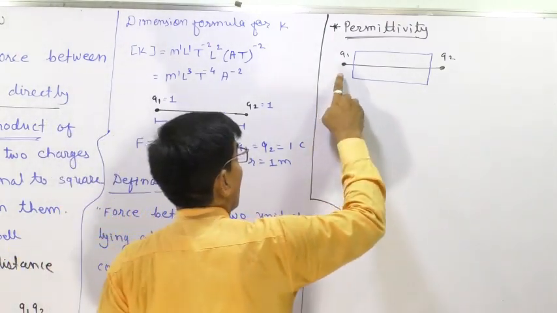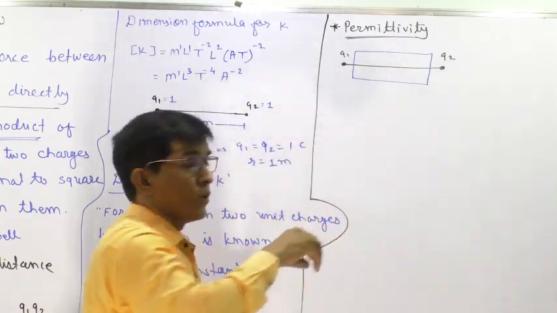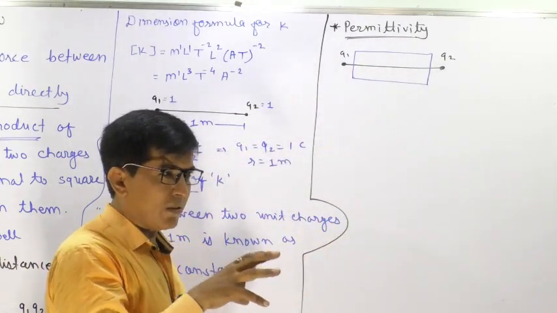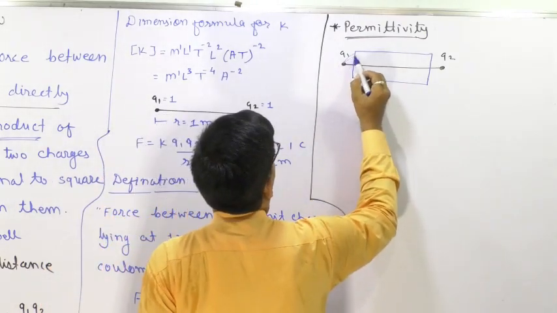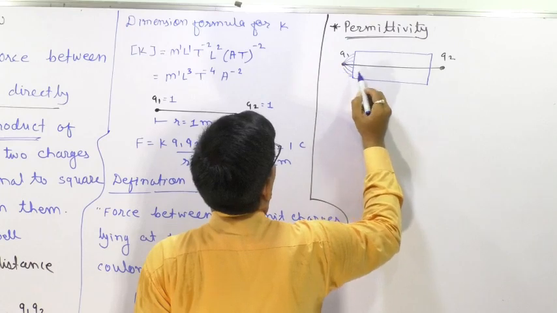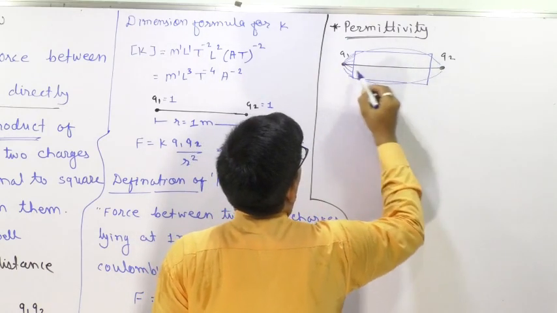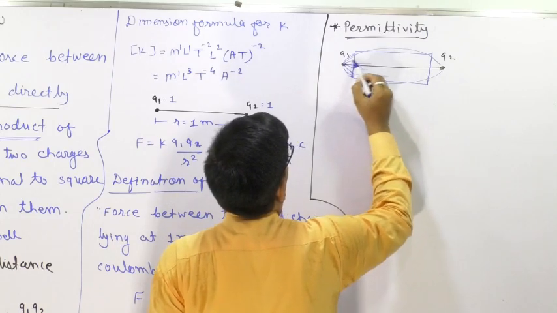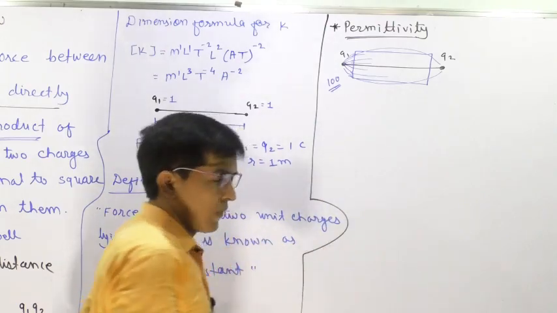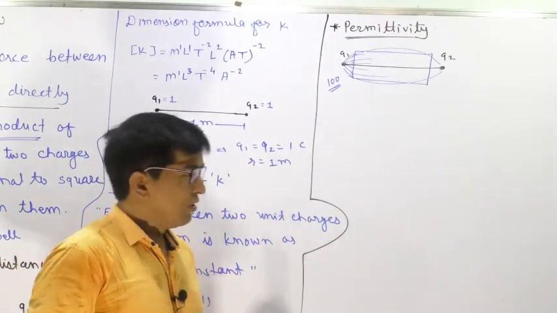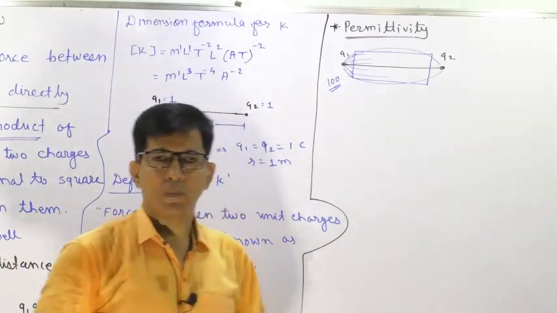So this Q1 is applying force on Q2. Suppose there are 100 threads for applying force. Q1 wants to apply force with the help of 100 threads, 100 hands, to catch it and pull or push.